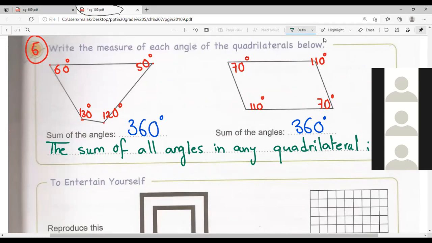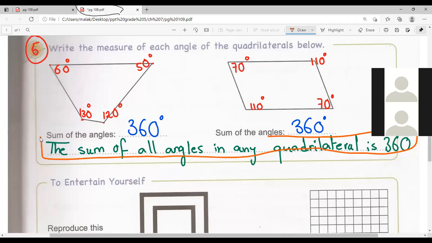It's like the triangle, always 360. Yes, always 360 degrees.